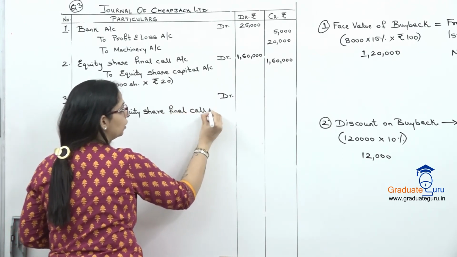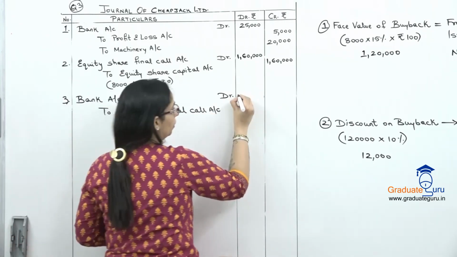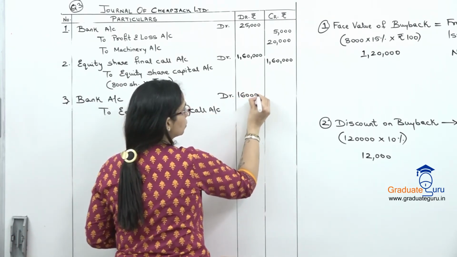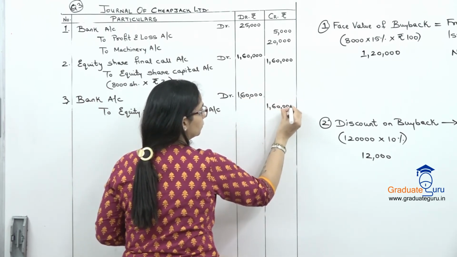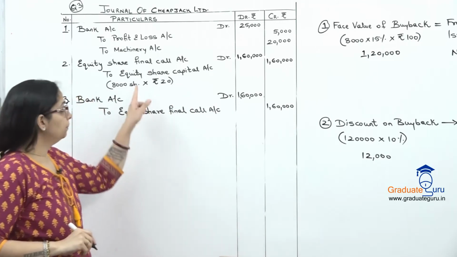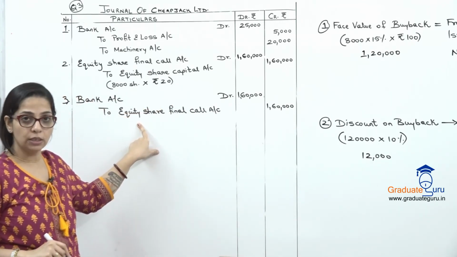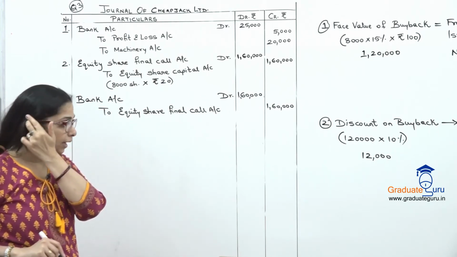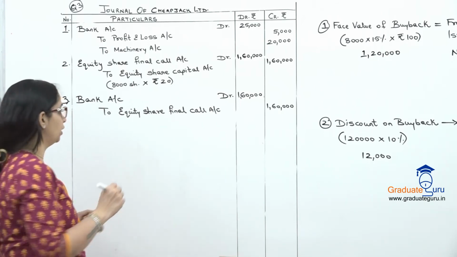So, I will call it equity share final call account. Okay. Same amount, 1,60,000. Being final call made, being final call received. Now our shares are fully paid up. I have also sold my machine. Now we can go to our buyback entries.